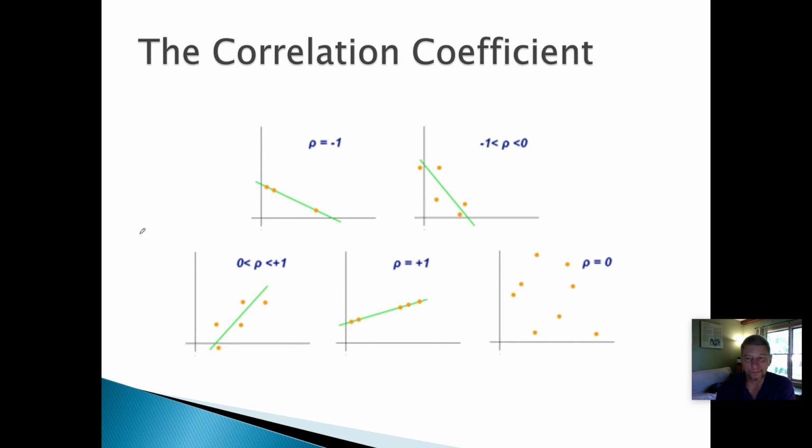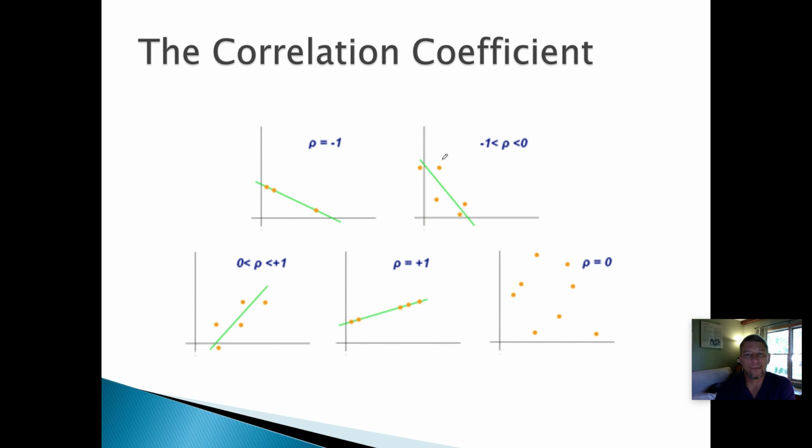Each point, each yellow point here and here and so on, represents the scores for two variables, the x and the y. So it makes a data point on this graph, and each participant in a study is given a data point. If you have 3 participants, you've got 3 data points. If you have 1,000 participants, then you have 1,000 data points.